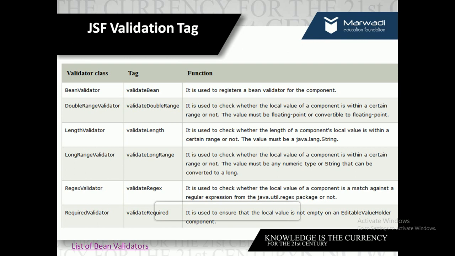So if we talk about the last five: the double range validator can be applied with the tag f:validateDoubleRange. The length validator can be applied with the tag f:validateLength. The long range validator can be applied with f:validateLongRange. A regular expression, such as email checking or digits not allowed, only alphabets, can be specified with the help of f:validateRegex.